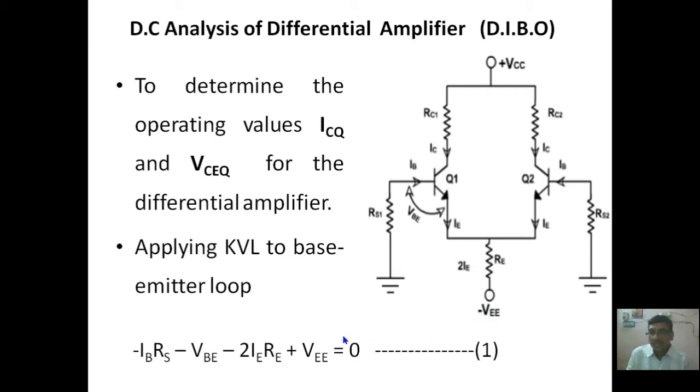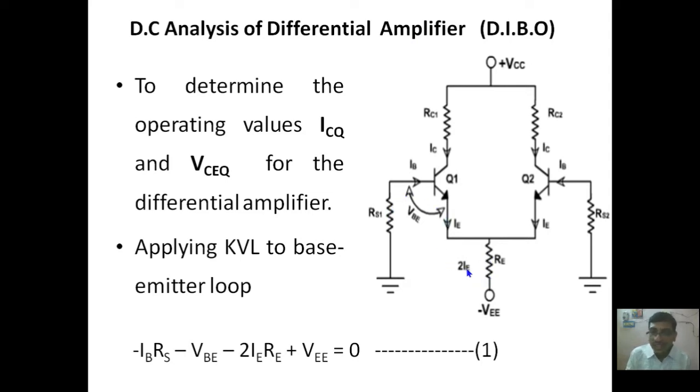Taking VEE to the other side, plus VEE is equal to IB RS plus VBE plus 2 IE RE.